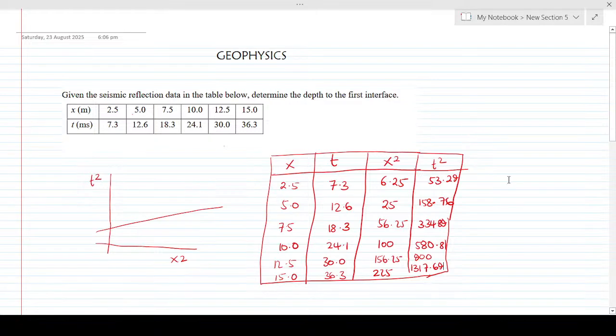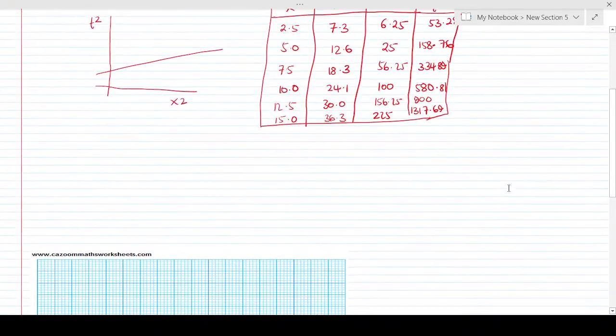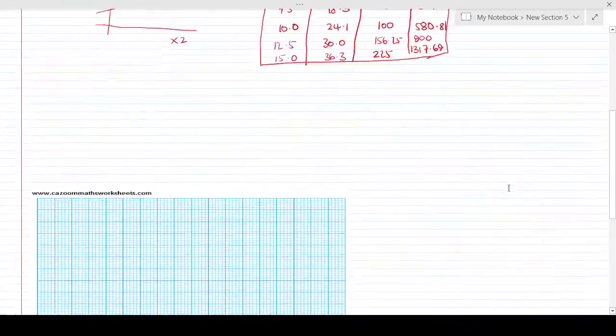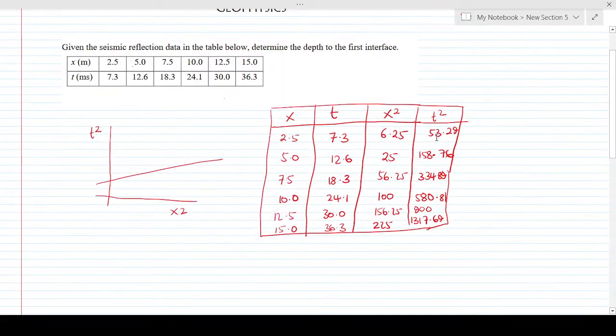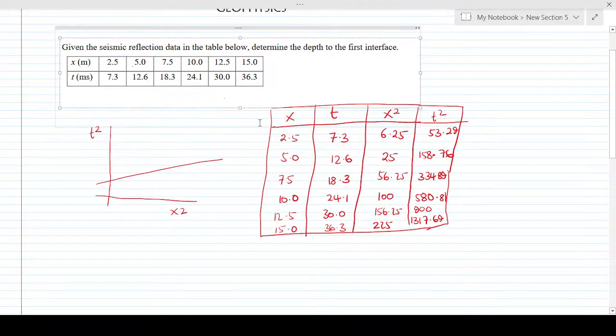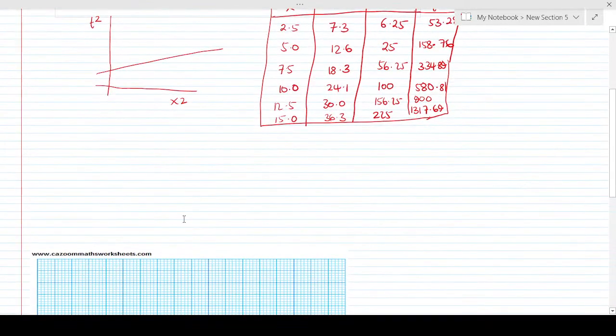You get it? So now we can come to the graph. Remember, these are the values that we need. Let me bring these values to our graph. Let me bring my graph to the top so that we can work on it.